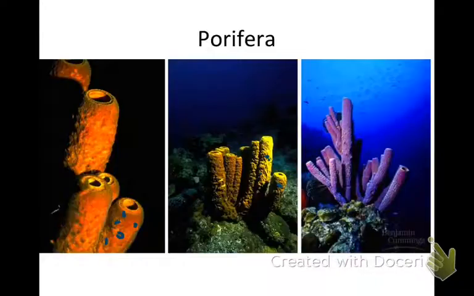That means non-moving. Sponges like to find some type of surface to attach to, and they will live there their entire life. They don't like to get up and move around. Why is that? Because they are filter feeders.